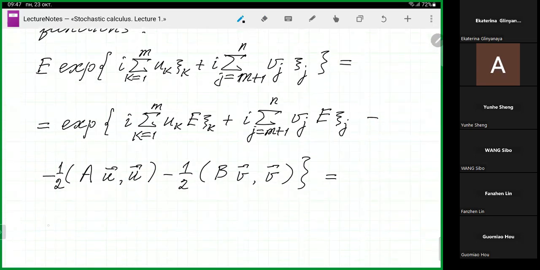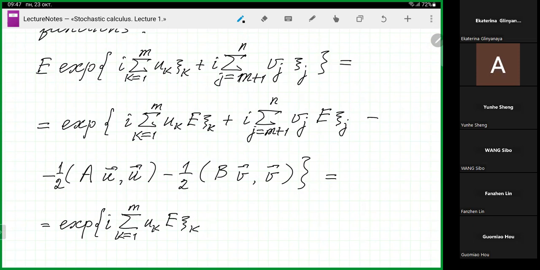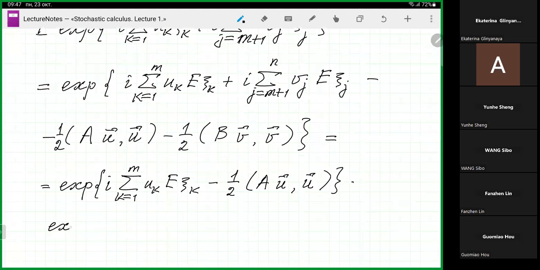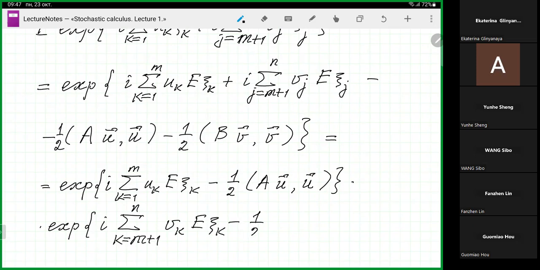Let us write. So we will have the product: exponent of e sum from k equal 1 to m of uk xik minus 1/2 of a u u, and multiply on the same expression, exponent of e sum from k equal m plus 1 to n of vk xik minus 1/2 of b v v.